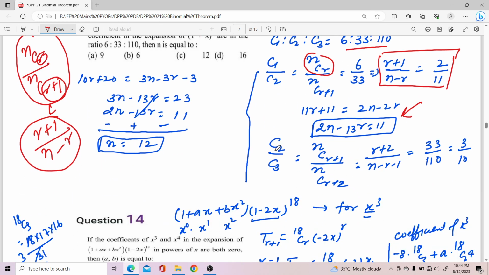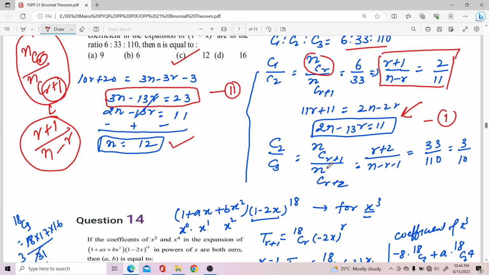And the same way, you apply c2 upon c3 and you get another relation, 3n minus 13r equals 23. Just solve these two relations, relation number 2 and relation number 1, and we get n equal to 12. So that is the answer. C is the right answer.